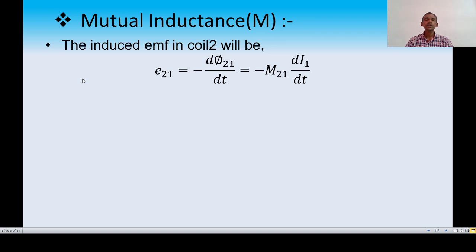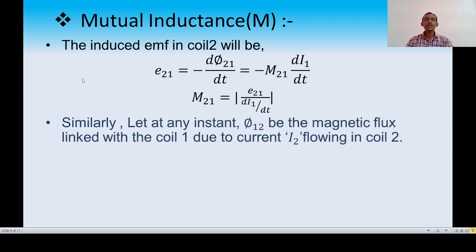From this equation, we can estimate M 21, the mutual inductance of the second coil with respect to the first coil. That is, M 21 is equal to mod of E 21 divided by d i 1 divided by dt. Similarly, if we pass the current through the second coil, or coil 2, and due to which the EMF is induced in coil first, let at any instant phi 12 be the magnetic flux linked with coil 1 due to the current I 2 flowing in coil 2.